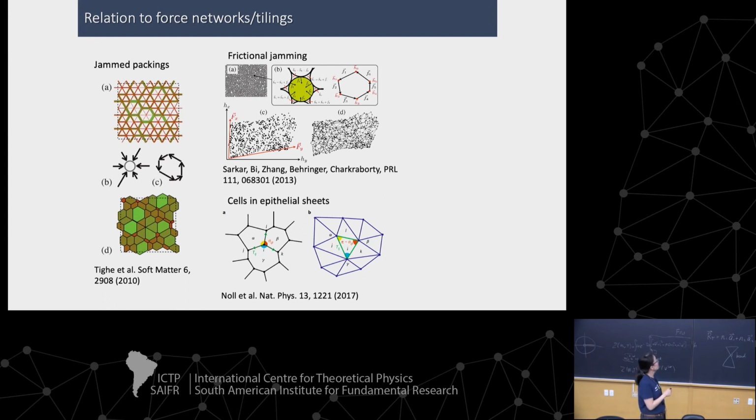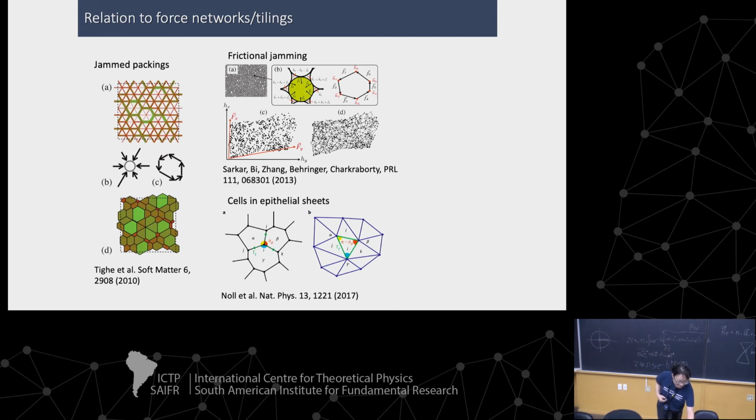Okay? And here is another interesting paper where they studied networks of cells with active stress. And they show that the active stress of the cells can also be represented using this triangulation, which helps you analyze the force balance on these active networks.